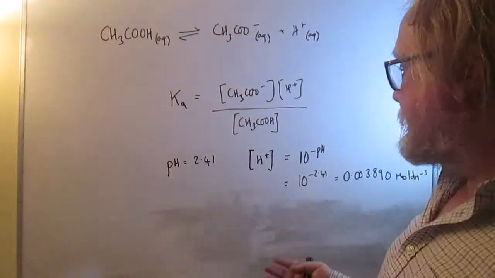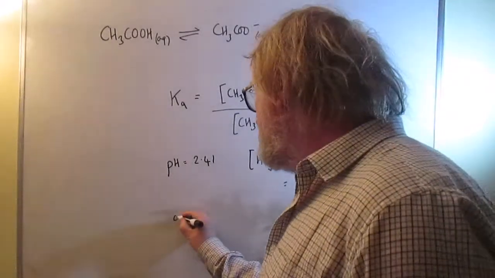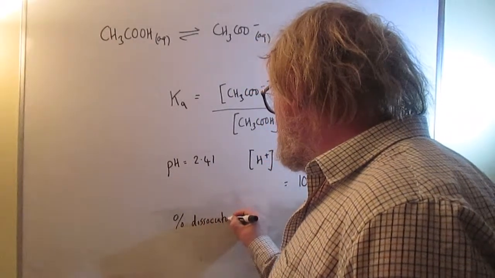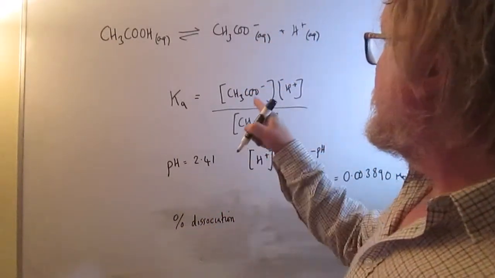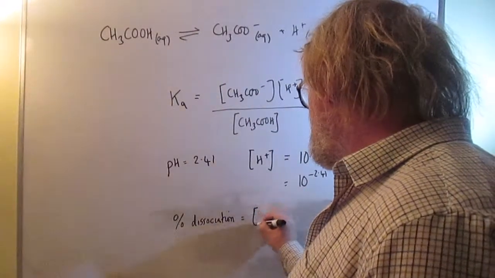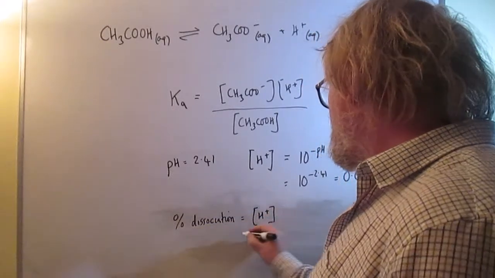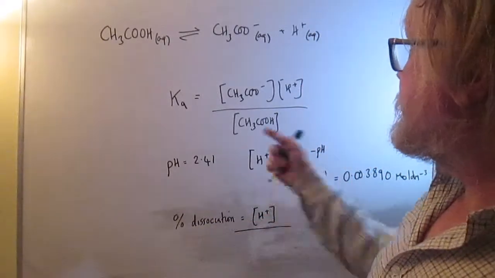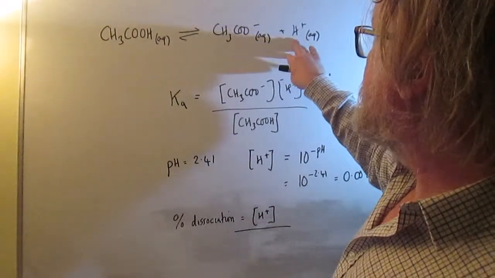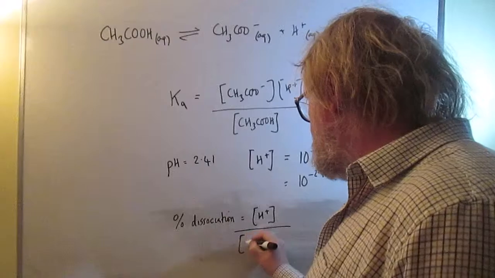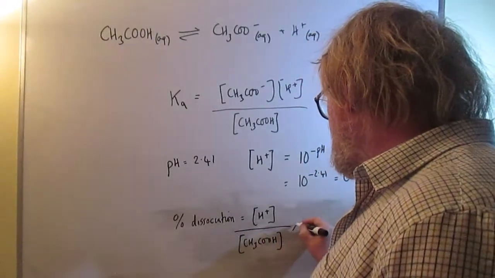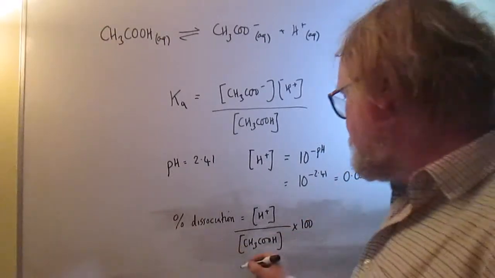Now for part 3, the percentage dissociation is just to work out what the concentration of H+ is, which we know, divided by the total concentration of the acid, because each time it dissociates you get an H+. So the percentage dissociation is the concentration of that divided by the total concentration, and then times 100 to turn it into a percentage. So that's all it means by percentage dissociation.